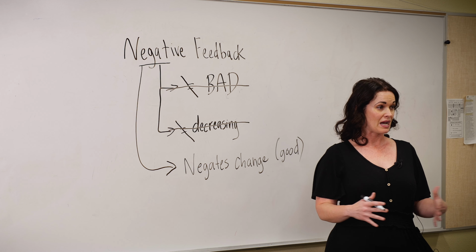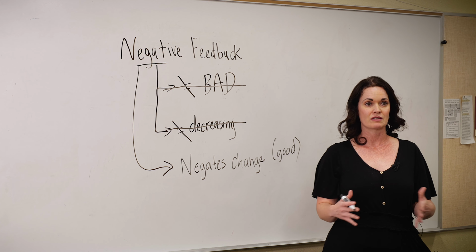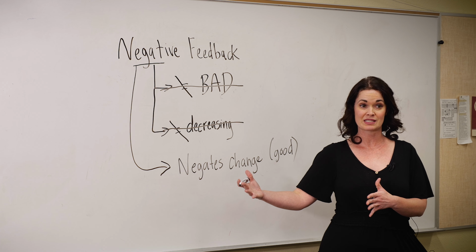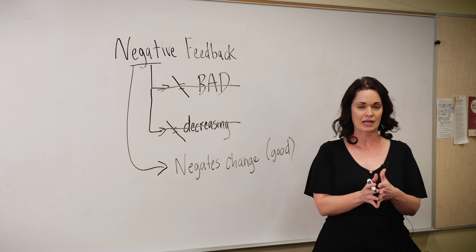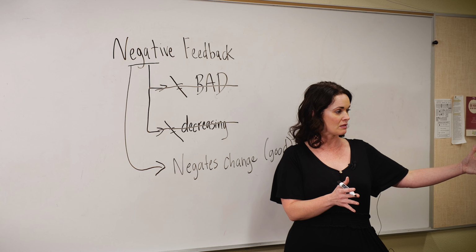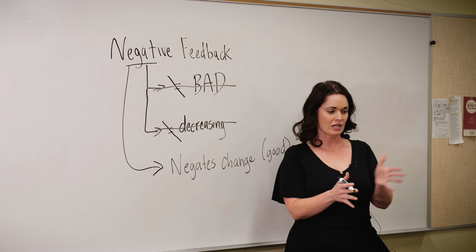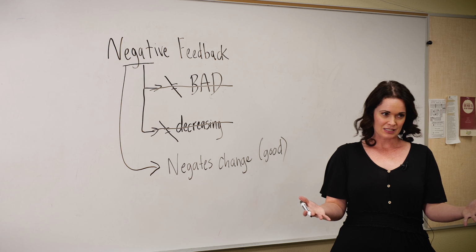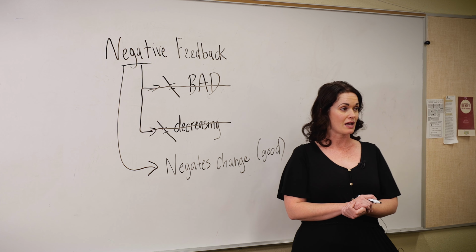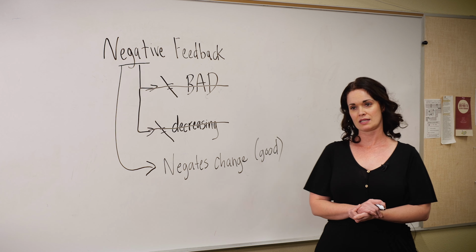It's negative feedback because it negates change. If something's increasing beyond where we want it to be, it negates that change and brings it back down. If something's decreasing beyond where we want it to be, it negates that change and brings it back up. That's what negative feedback is, and that's why it helps you maintain homeostasis.